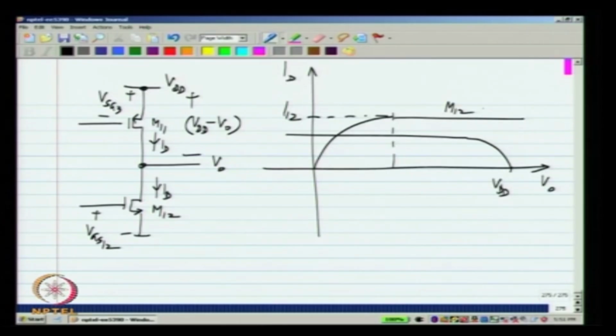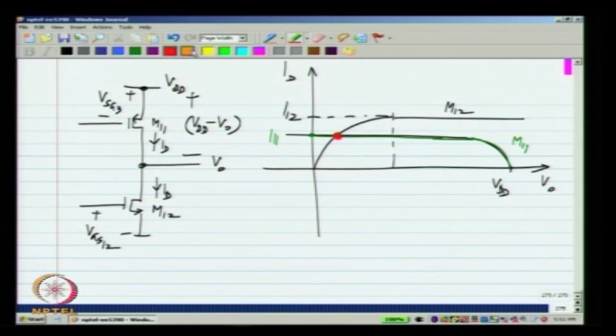This is for M12. Maybe I can show this in a different color, and this is for M11, and that is I11. Now, what will be the value of Vo? It will be the point of intersection. You can clearly see that if I11 is smaller than I12, then M12 will go into triode region.